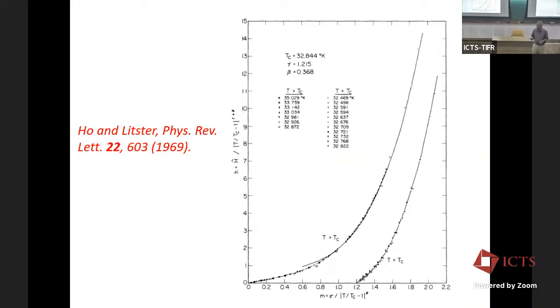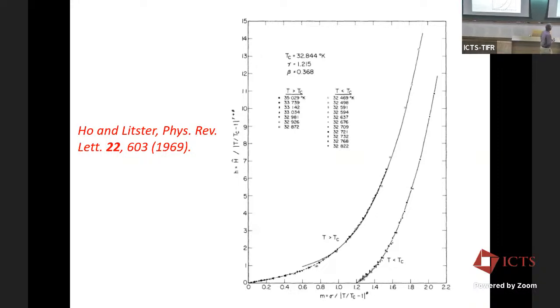And it does happen. You can see that there are many data points. So there is one curve for T bigger than Tc and one curve for T less than Tc. As I said, this scaling function, g plus could be different from g minus. So there are two different functions. But the point is, if you look at all the data for T bigger than Tc and all the data for T less than Tc, all of them can be collapsed onto a master curve when you choose these exponents properly.